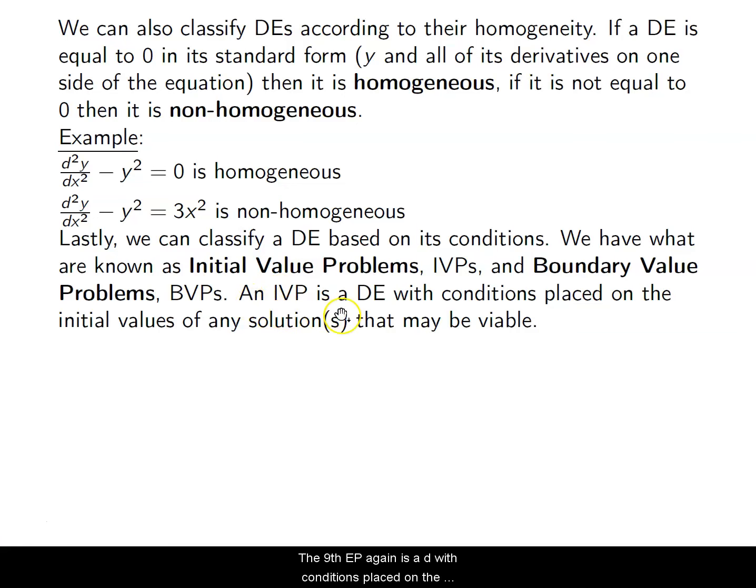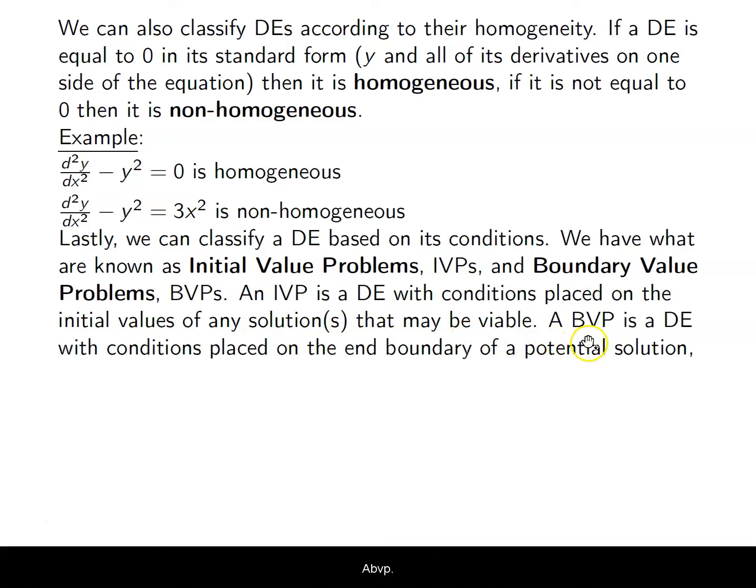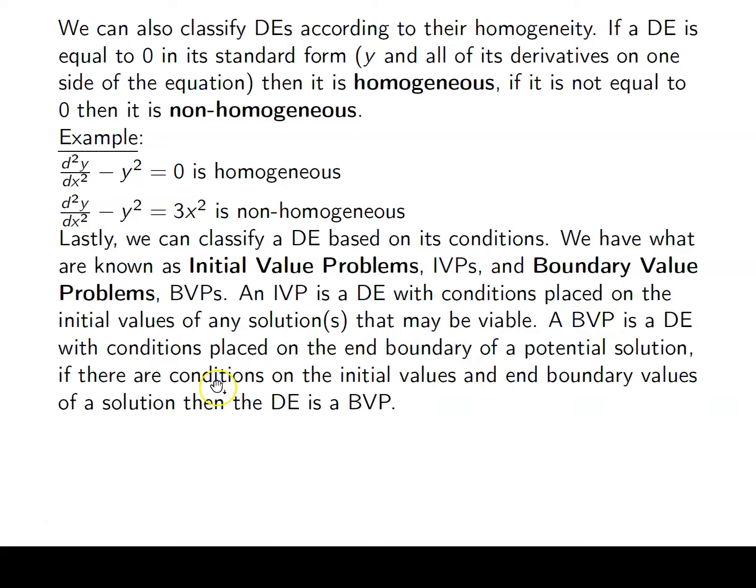Okay. So an IVP again is a DE with conditions placed on the initial values of any solution or solutions that may be viable. A BVP, boundary value problem, is a DE with conditions placed on the end boundary of a potential solution. So if there are conditions on the initial values and end boundary values of a solution at the same time, then we classify that as a BVP.